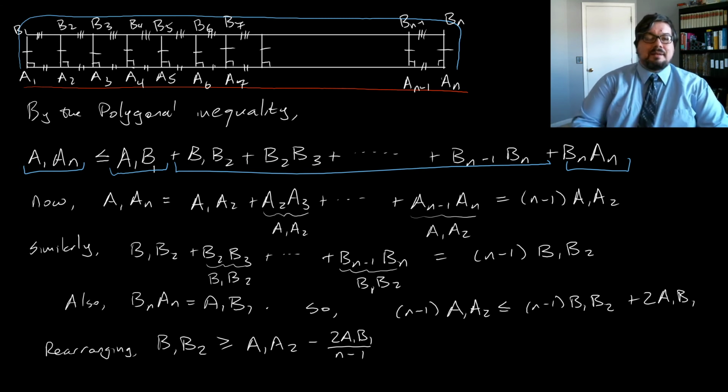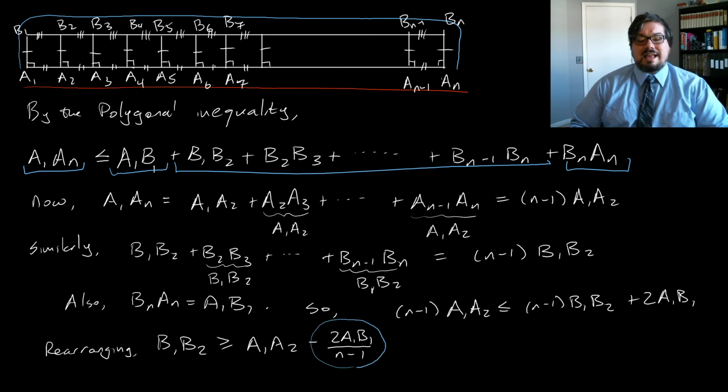And so we can basically make this term on the right as small as we like simply by taking larger and larger n's. So if B1, B2 were less than A1, A2, then for a large enough n, eventually this inequality would fail.